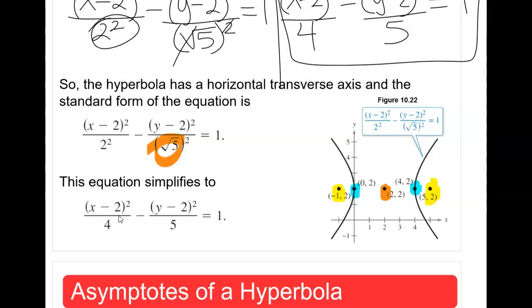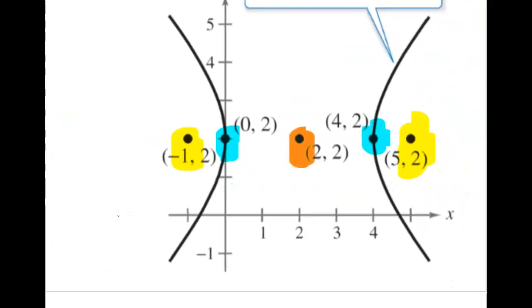And so what I'm going to do is try to calculate the square root of 5. The square root of 5 is approximately 2.23. So those 2 points will be like 2.23 units.